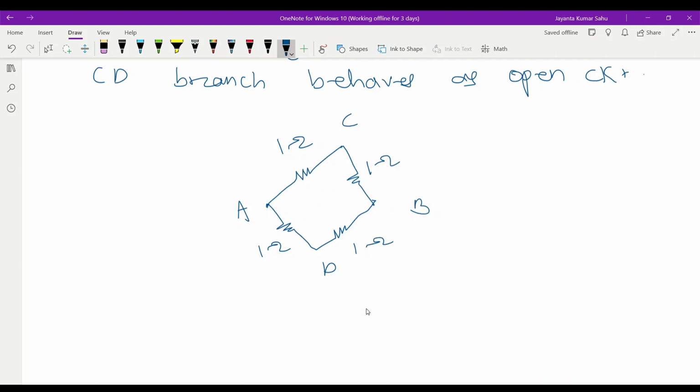We calculate the equivalent resistance between A and B. Here current I1 is flowing, here also the same current I1 is flowing, and here I2 is flowing.